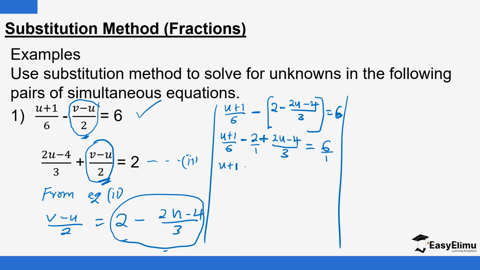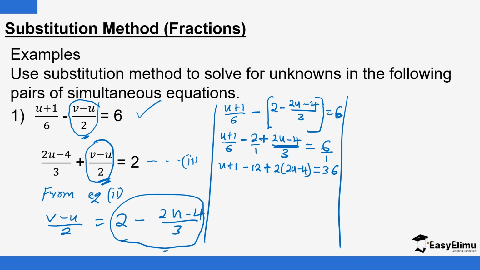The second term multiplied by 6 will be 12. For the third term multiplied by 6, 3 goes into 6 two times, so it will be 2 into (2u minus 4). The reason I'm using this bracket is that if you divide the LCM by the denominator here, the answer is 2. That 2 must multiply the whole of that expression, so you have to enclose it in a bracket. And 6 by 6 is 36.